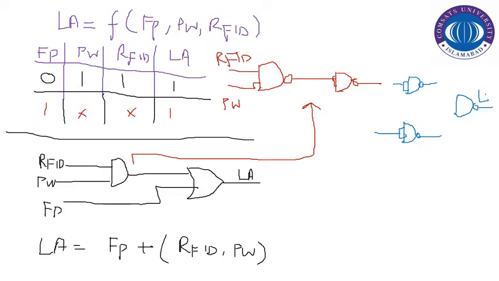This is basically the lab access. This input is basically the fingerprint, and here we connect the output of this AND gate to the input of this OR gate, and you can see that this will cancel the effect of this gate, and this is the solution.